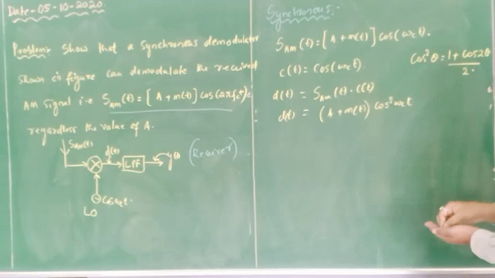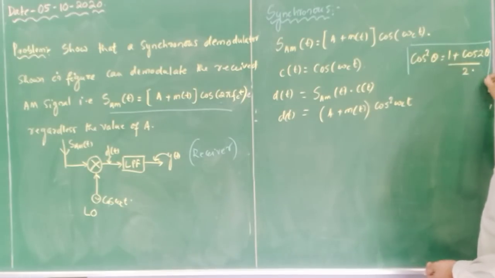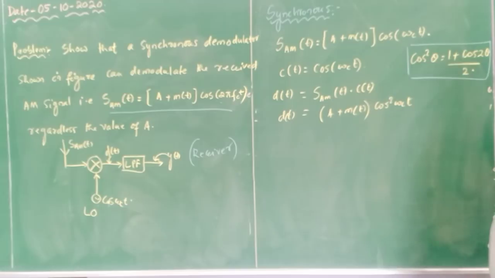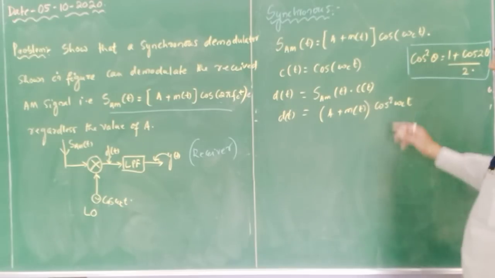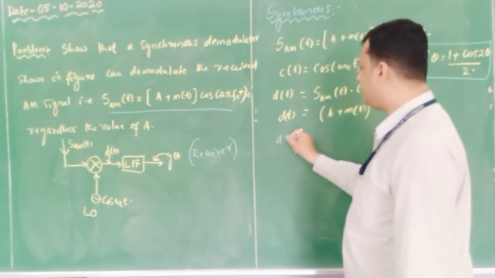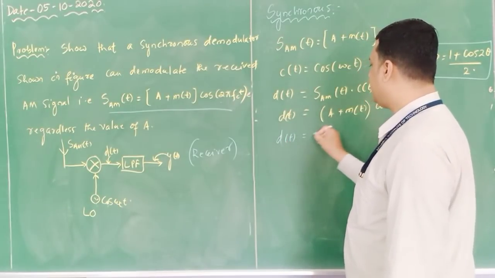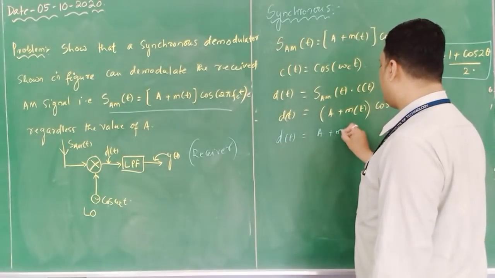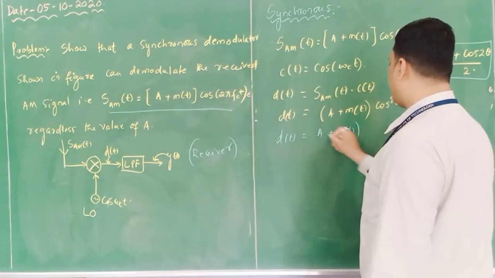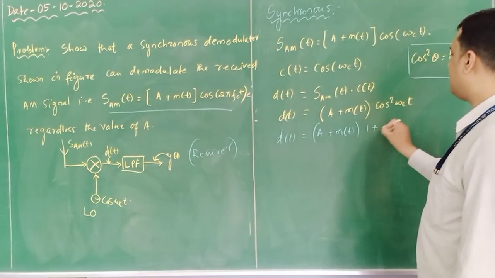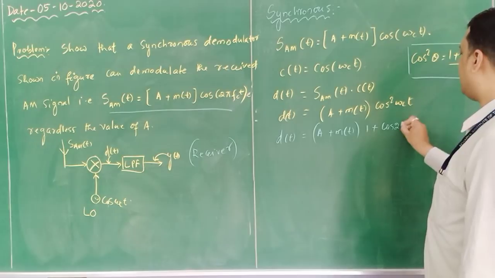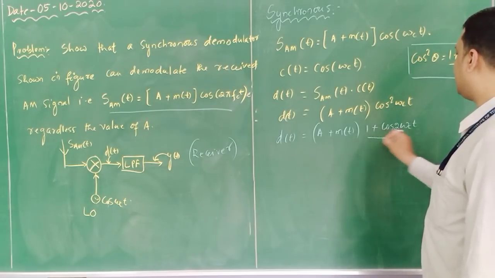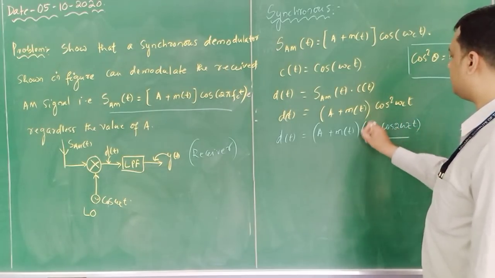In place of theta it is omega ct. So the next equation is A plus m of t, 1 plus cos 2 omega ct, whole divided by 2.